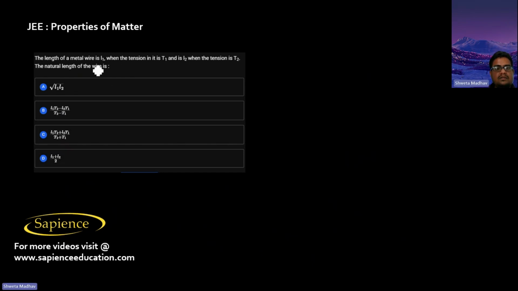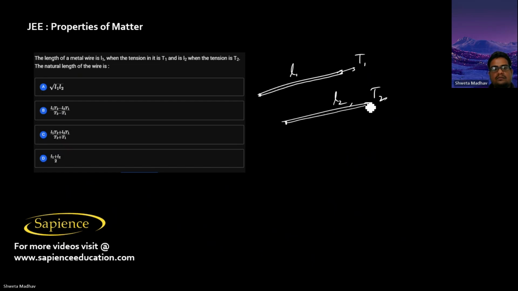The length of a metal wire is L1 when the tension in it is T1 and is L2 when the tension in it is T2. The natural length of the wire is. So here, suppose the natural length is L0, or I can say L only.